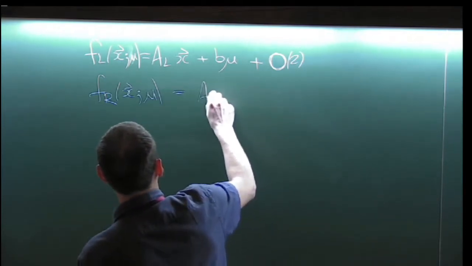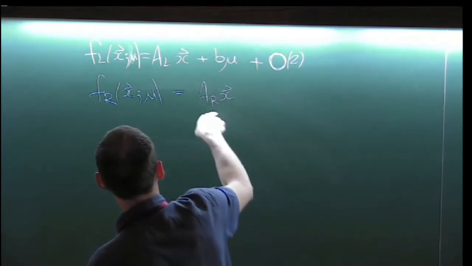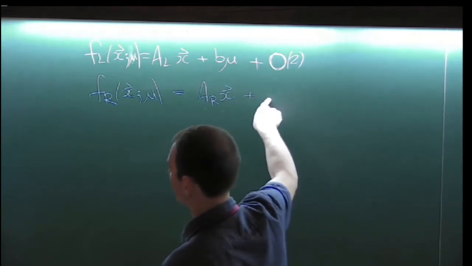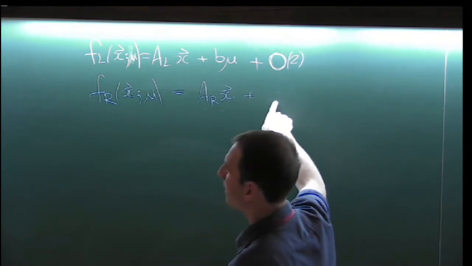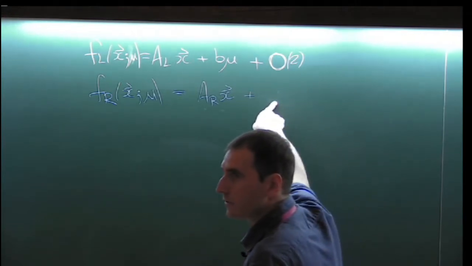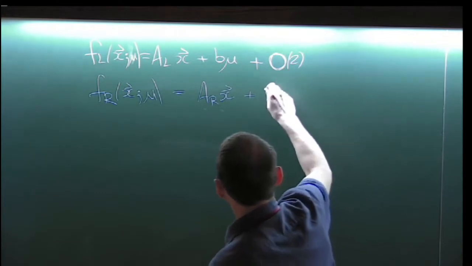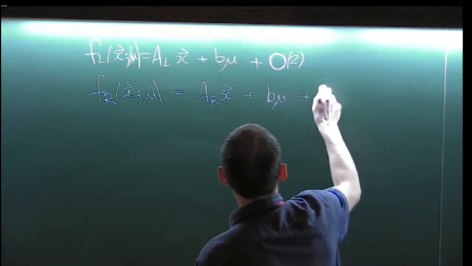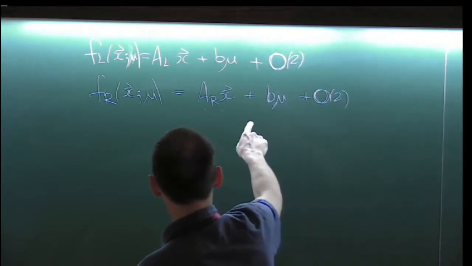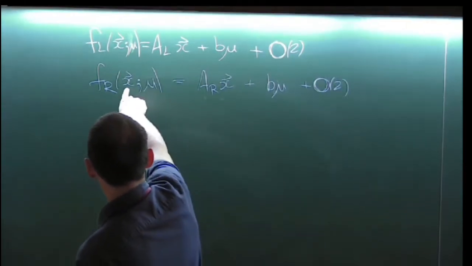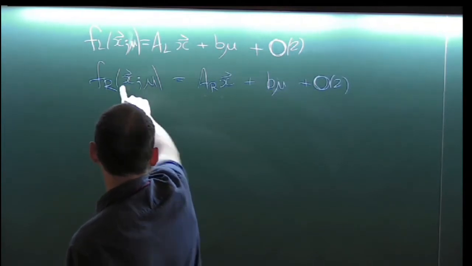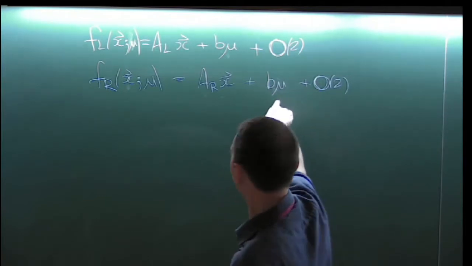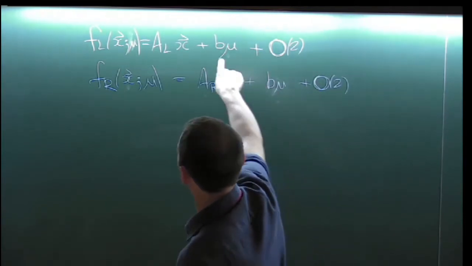There'll be a linear term with x, so there'll be some matrix times x, and again there'll be some vector times mu. By continuity, this vector has to be the same as this one. The reason for that: just put x being the 0 vector. You get b mu has to equal this thing. So therefore, this has to be the vector b, same as that one.